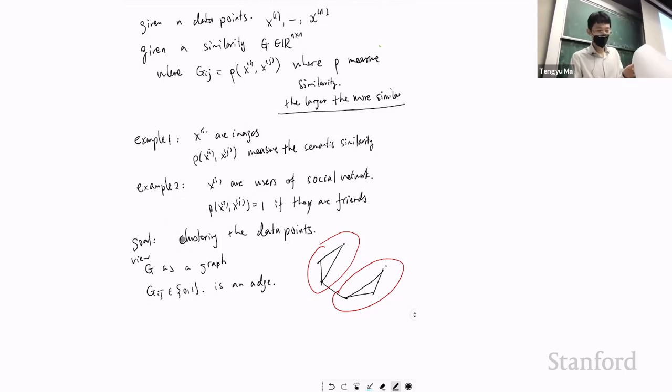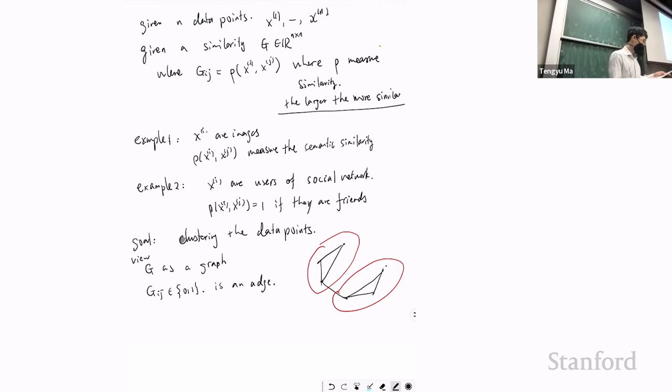And your goal is to partition. There are many ways to say what your goal is. You can say you are clustering the data points, or you can say you are partitioning the graph into different parts, so that within each part you have more connections compared to across different parts.